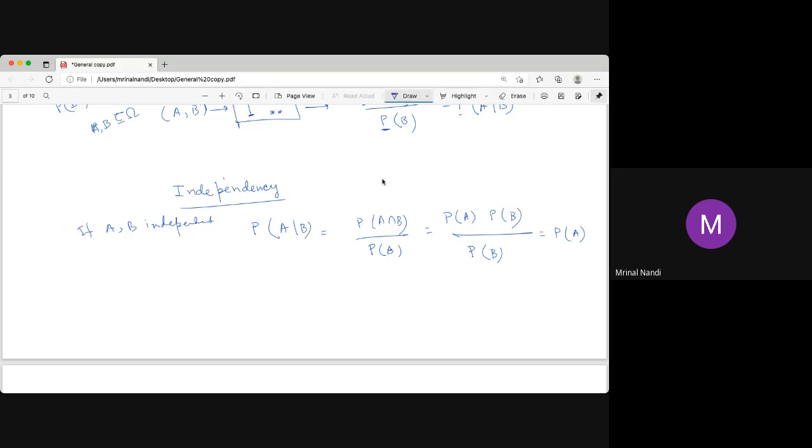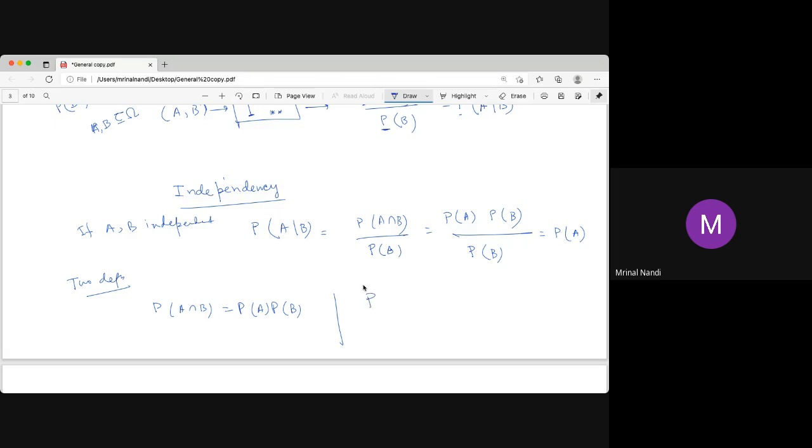So there are two definitions of independence. We can define A and B as independent if probability of A intersection B is probability of A times probability of B, or we can define probability of A given B equal to probability of A. So one definition is probability of A intersection B equals probability of A times probability of B. Now all these three probabilities are the same function.